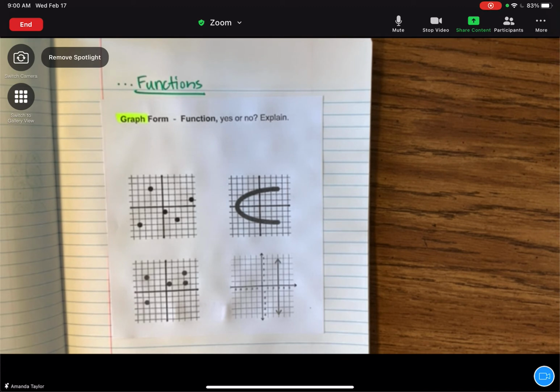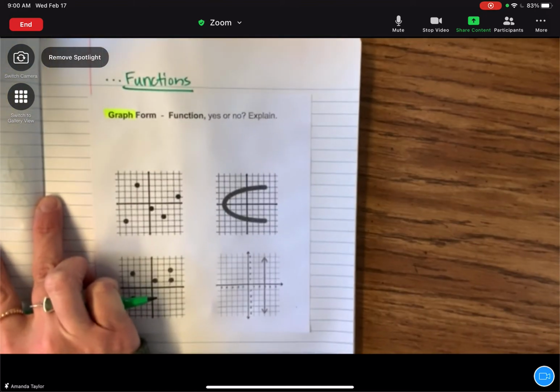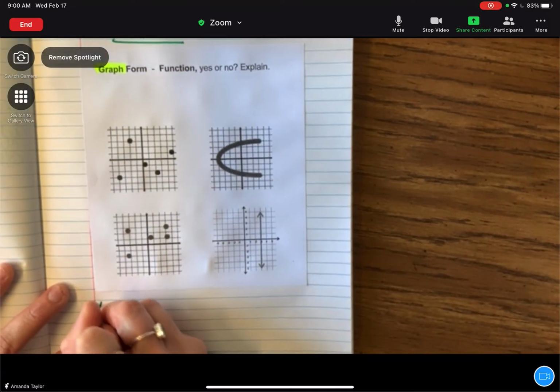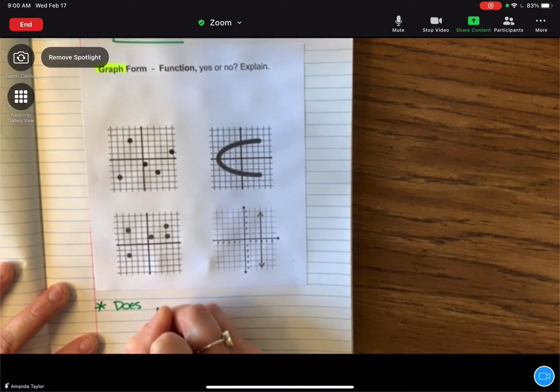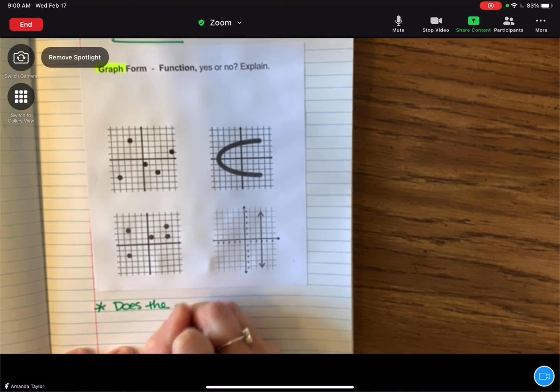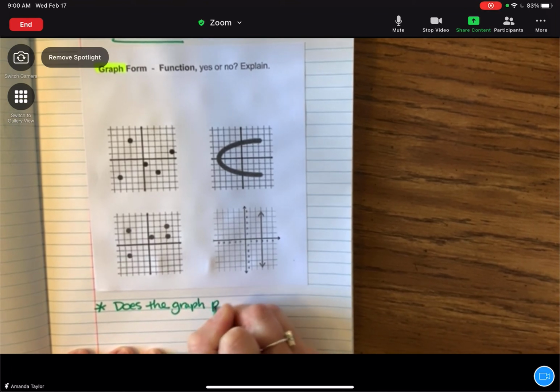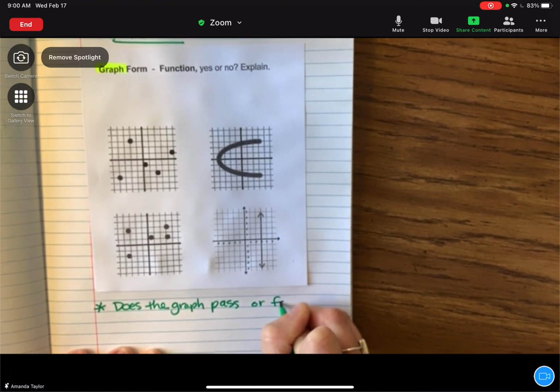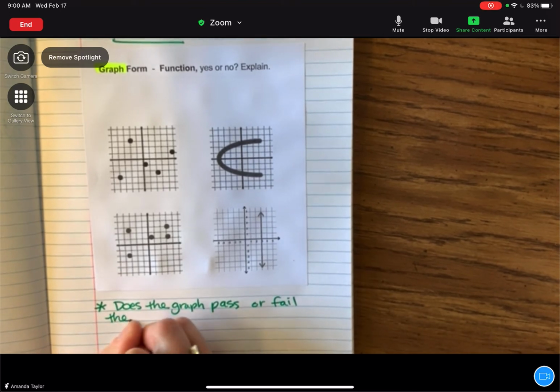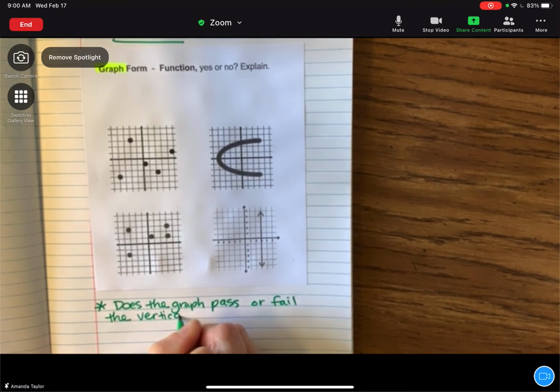There's this thing called a vertical line test. Down here at the bottom, does the graph pass or fail the vertical line test?